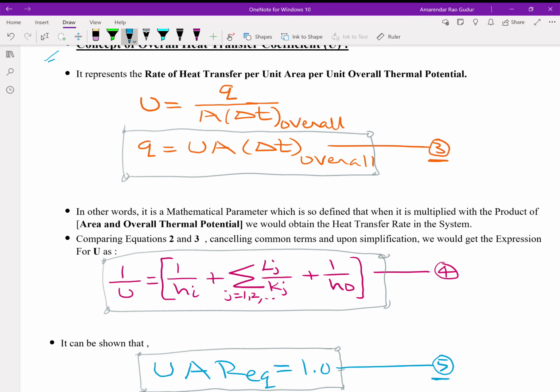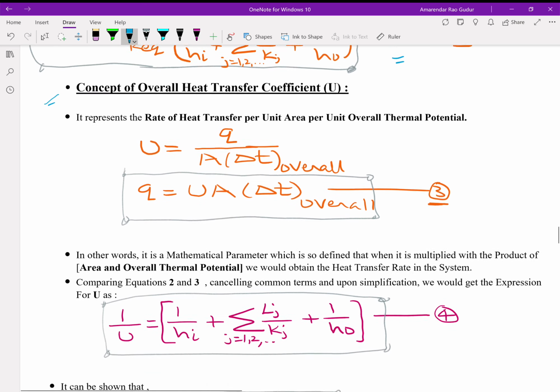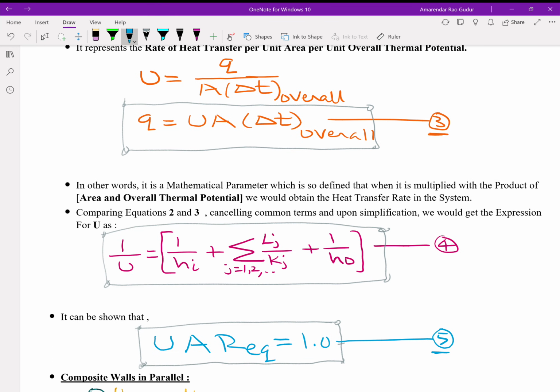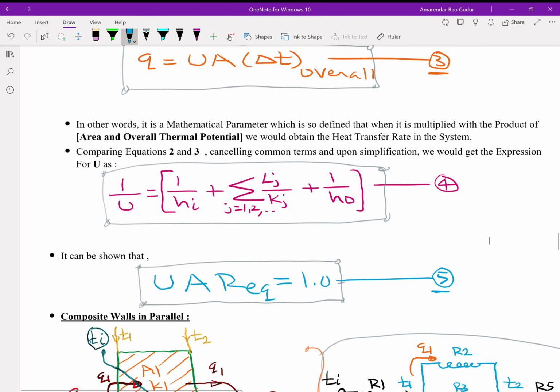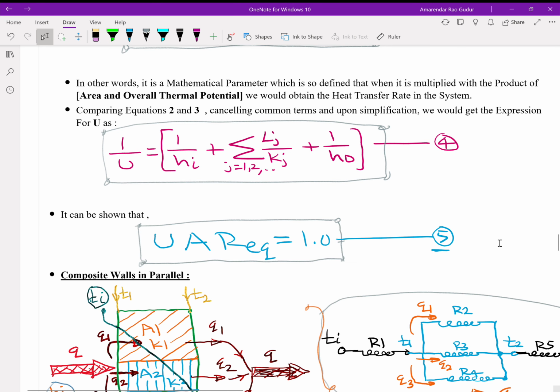Now Q is available in equation 2 in terms of basic data, and Q is available in equation 3 in terms of U. And when you compare these two equations, we are going to get the general expression for your overall heat transfer coefficient as 1 by U is equal to 1 by Hi plus sigma J is equal to 1, 2, 3 and so on, Lj by Kj, plus 1 by H naught.